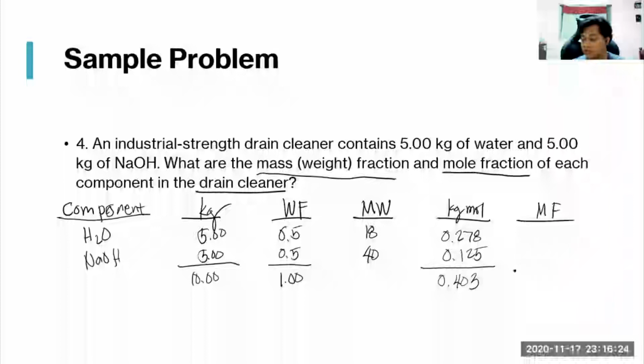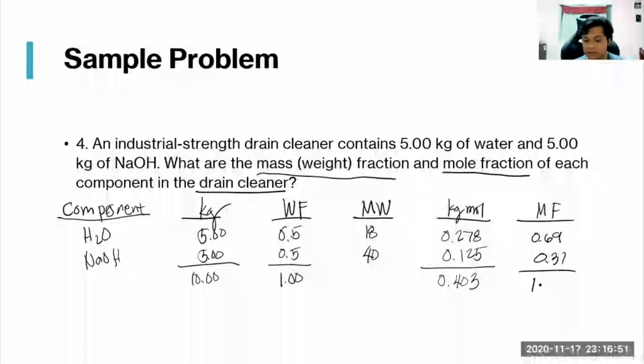If you add this, you will get 0.403. We are asked to get the mole fraction, so just divide 0.278 by 0.403 to get the mole fraction of water. So it's 0.69, and here the answer is 0.31.